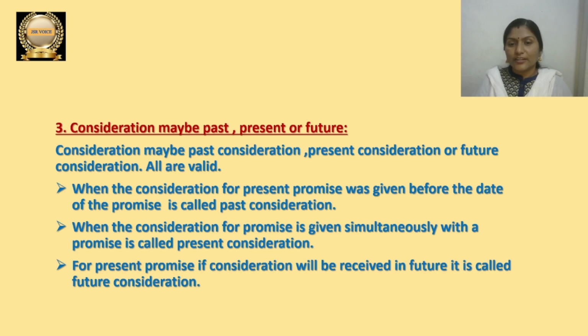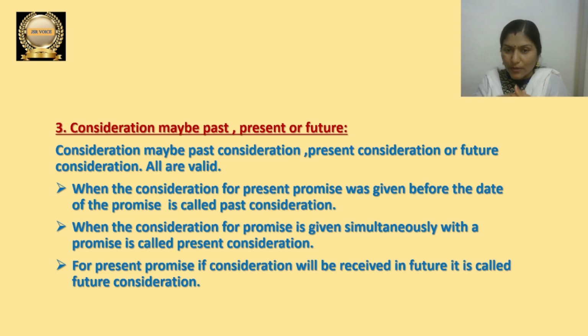So when the consideration for a present promise was given before the date of promise, okay, so actually one person is promising to do something, but before that the consideration was received, then we can call it a past consideration.